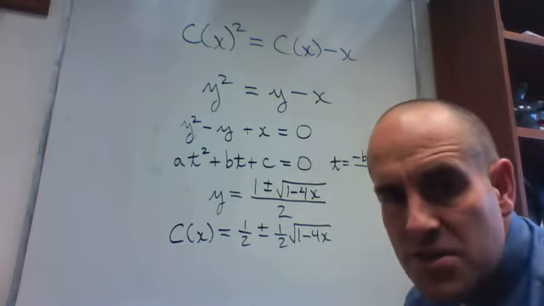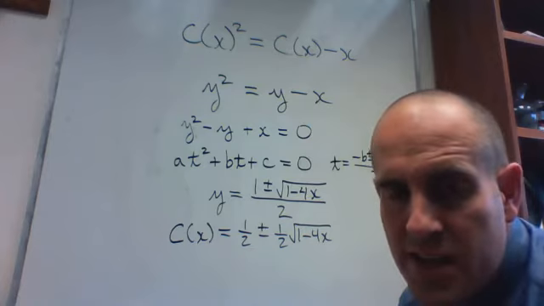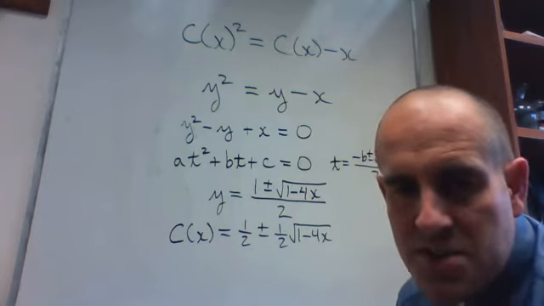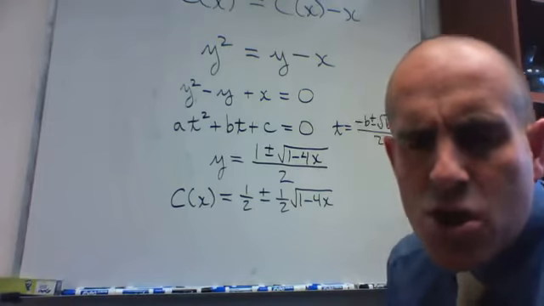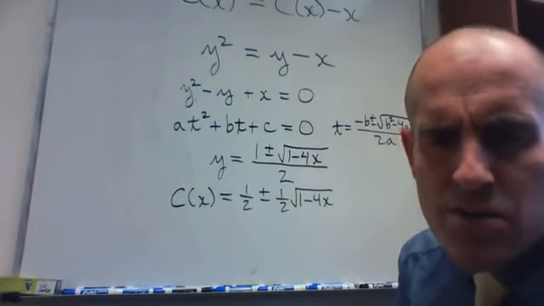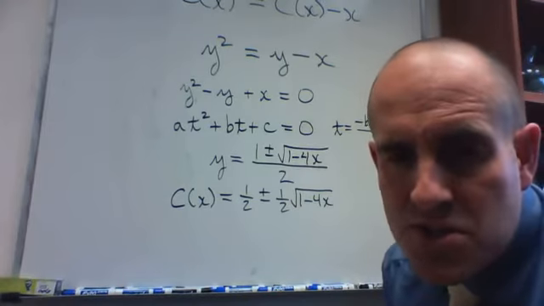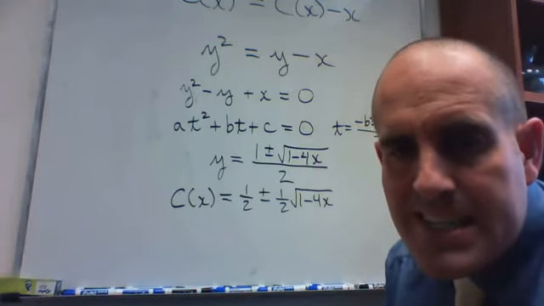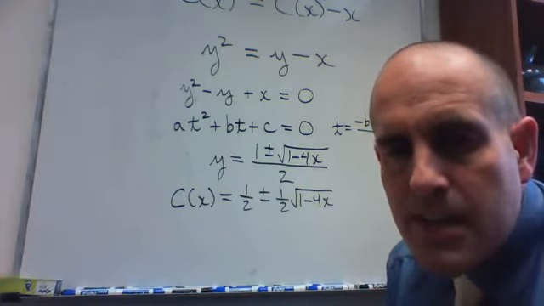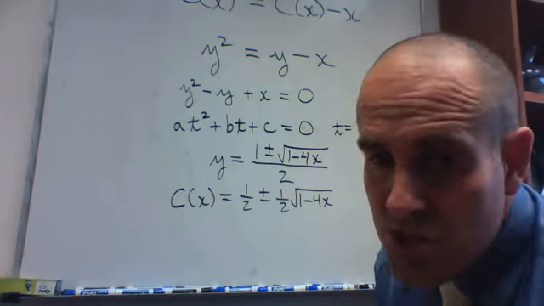But is it plus or is it minus, right? That is the question. Well, we can actually sort that out because you know what the Catalan number generating function evaluates to at 0. Remember, the Catalan number generating function didn't have a constant term, so everything had an x attached to it.